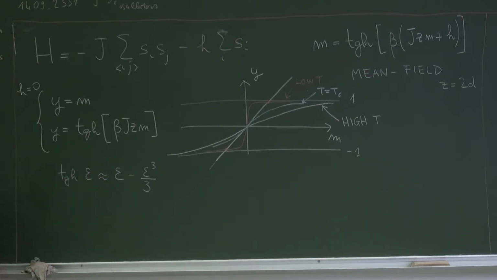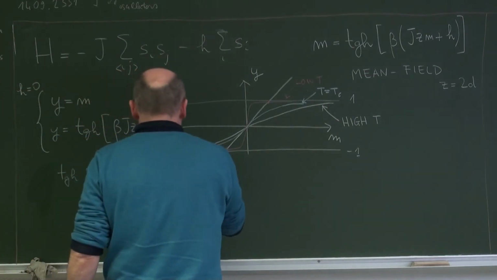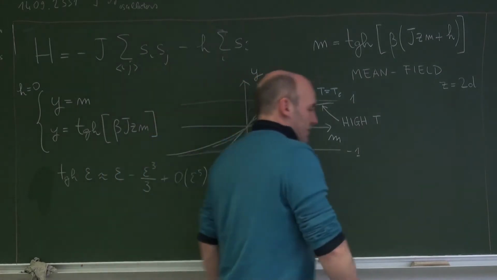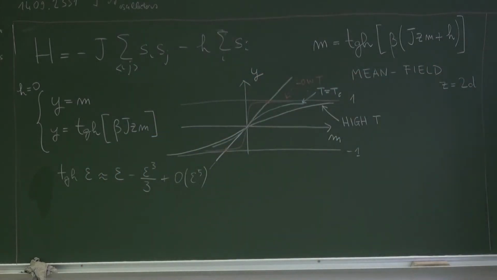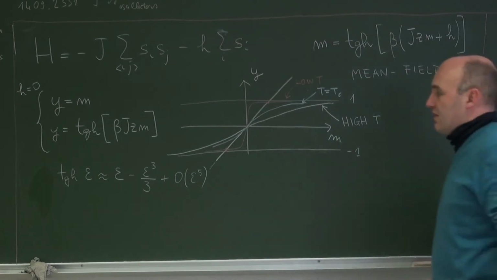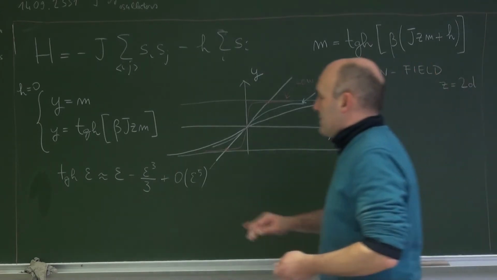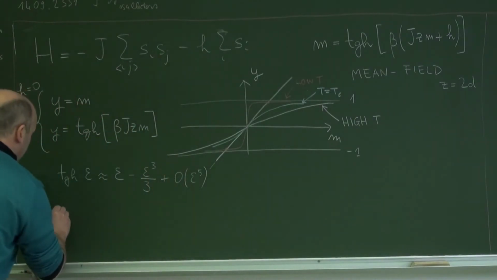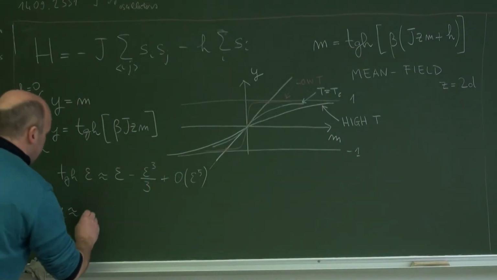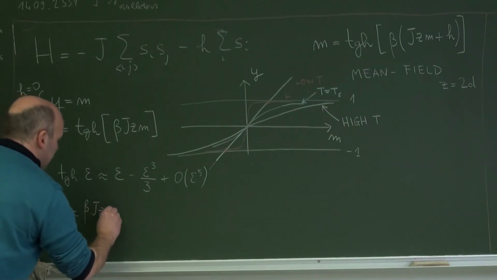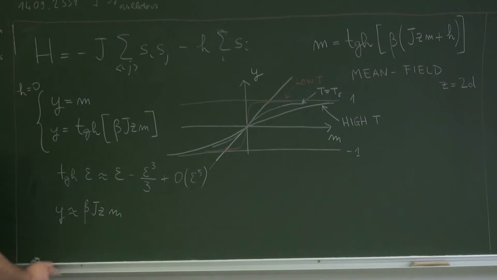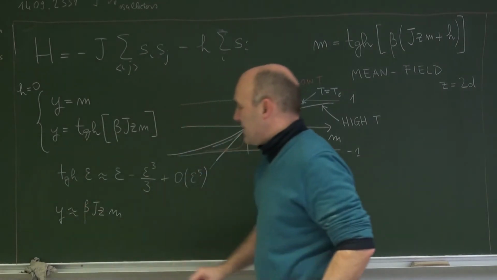This is the Taylor expansion, and the next term is of order epsilon to the 5th, because the hyperbolic tangent is an odd function of epsilon, so you don't have epsilon squared, epsilon to the 4th, and so on. So y at small epsilon becomes linear, beta j z m, and this is the slope of the hyperbolic tangent. And so the critical temperature is when beta j z is equal to 1.